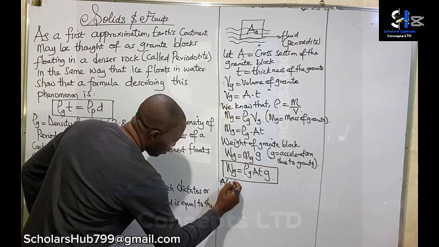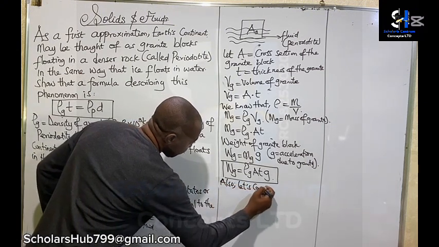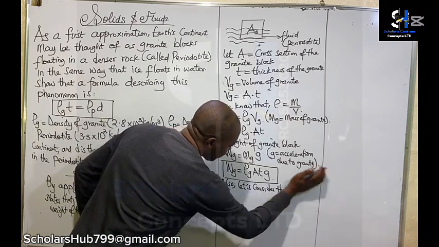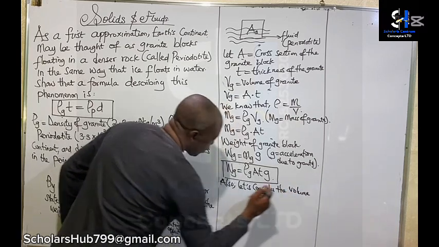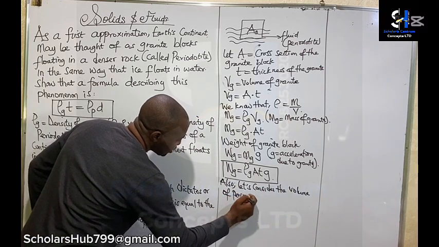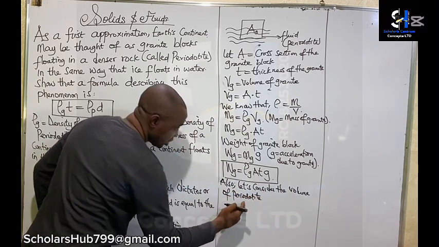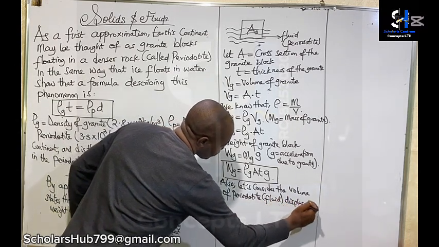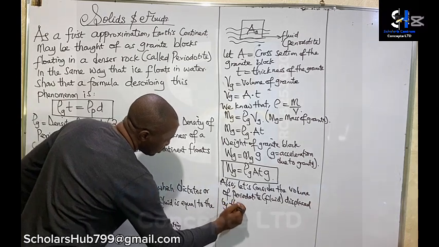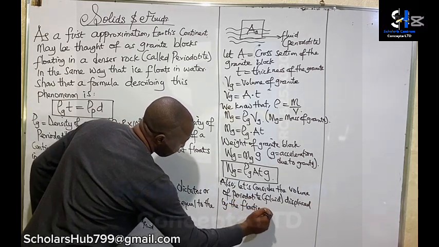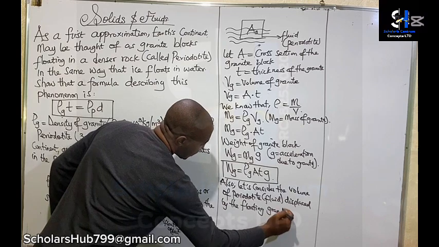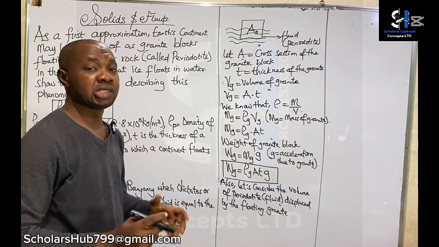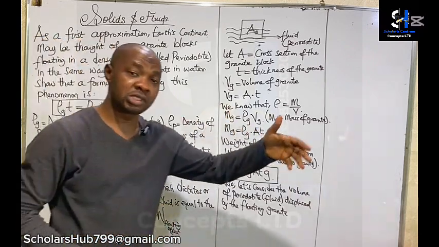So let's consider the volume of peridotite, which is the fluid, displaced by the floating granite, which is the object. Like I said, this is similar to when we have ice floating in water.